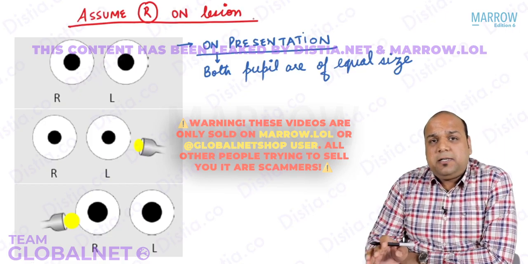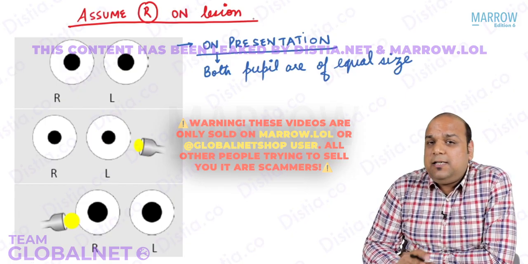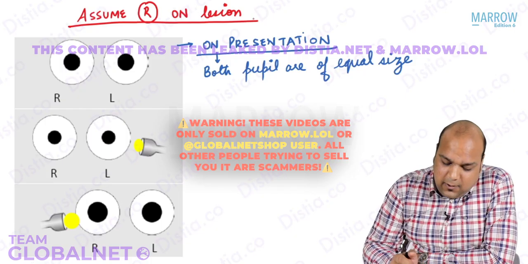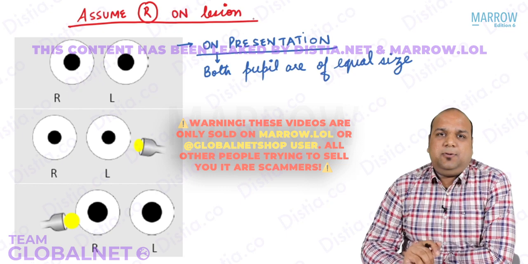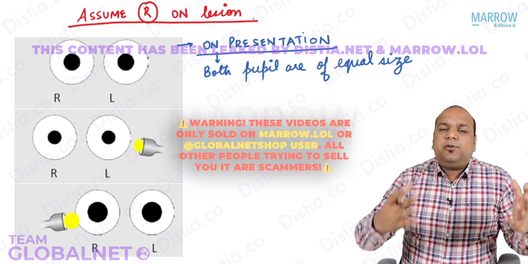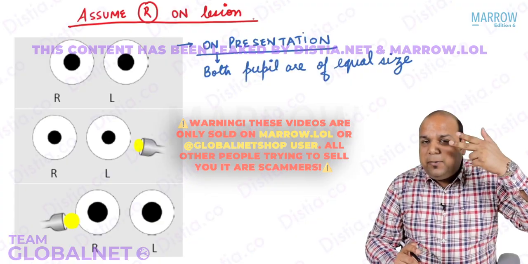I'm saying that this patient is actually a known case of right optic nerve lesion. Still, I am saying on presentation, both pupils look similar. Why is that so? See, the patient must have been coming from outside. Outside, let's say there is sunlight. Okay. So, right eye optic nerve is lesion.